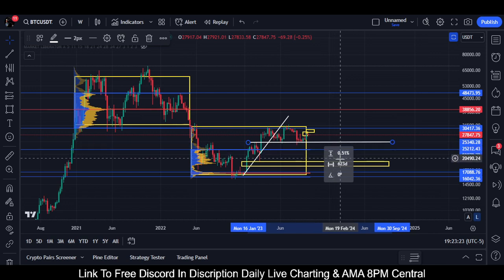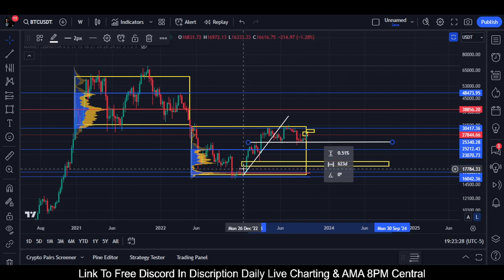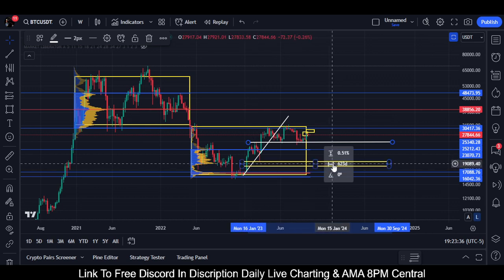Then we're probably coming down and going to retest our last support resistance flip, which is down here at about 18,600. Probably fill half the gap or something.